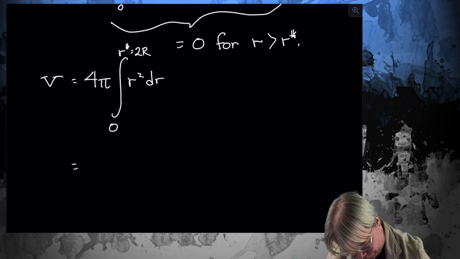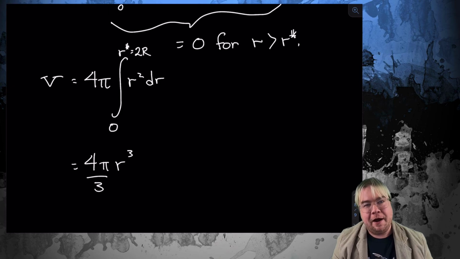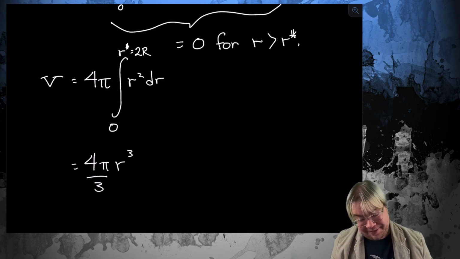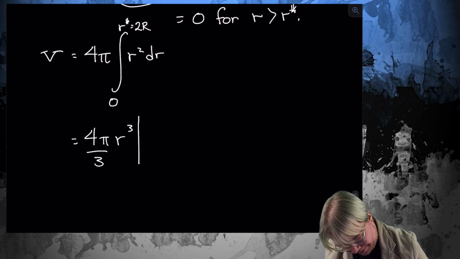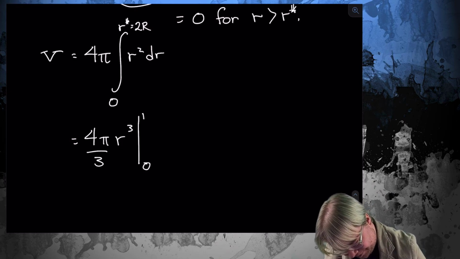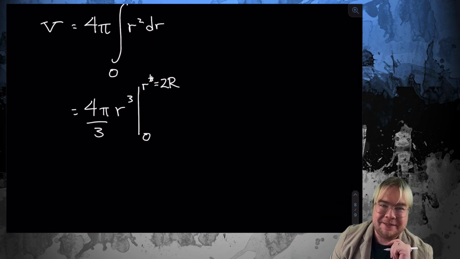So this is going to give us 4 pi times r cubed divided by 3. Oh, damn. That looks like the volume of a sphere. Where this goes from 0 to r star, which is equal to 2 times the radius of the particles. Sweet.